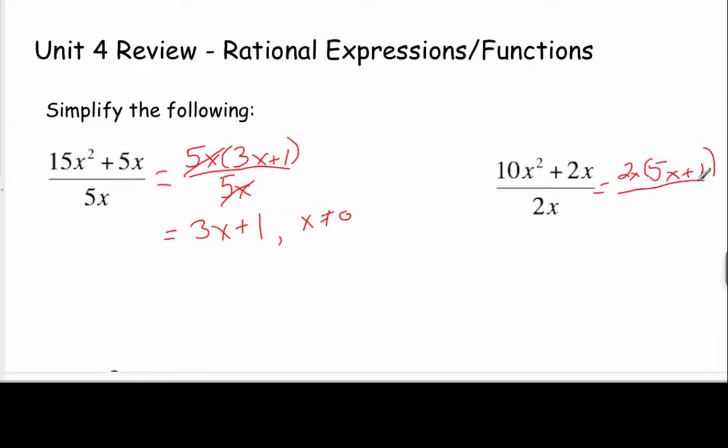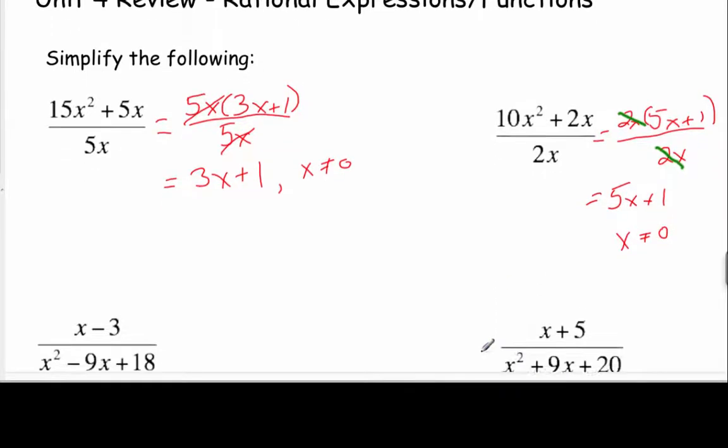I'm going to divide everything by 2x. Now I have to get rid of common factors. So my 2x is gone, this 2x is gone. When I'm done here, I'm left with 5x plus 1, and again, x cannot be 0.